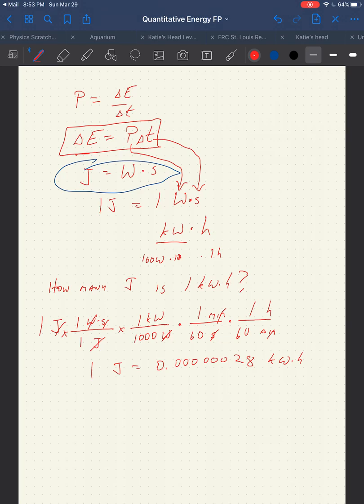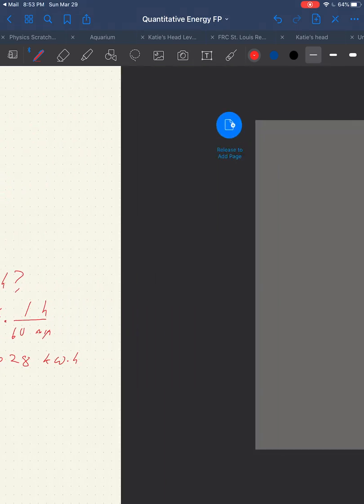All right, let's go back and do this the other way. Hey, 1 kilowatt hour is how many joules? Okay, so do the unit conversion the other direction. 1 kilowatt hour, and then fraction time.